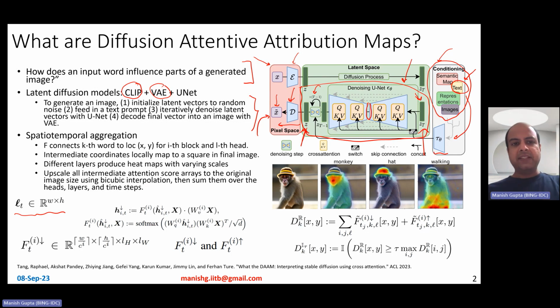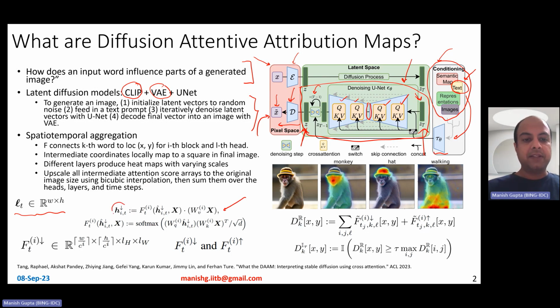While doing this downsampling and upsampling, essentially what you're doing is cross attention. When there is this conditioning text which comes in from the bottom, you do cross attention here. So in every upsampling and downsampling operation, there is cross attention participating. This is the equation shown for the downsampling part.